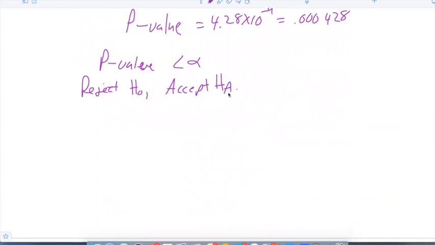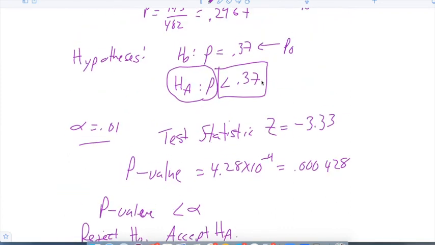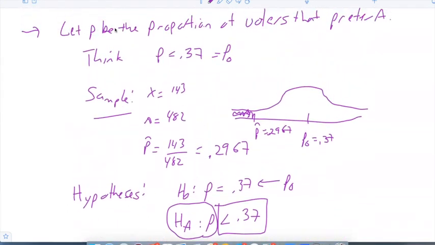Okay, so we reject the null and accept the alternative, which means we're going to write this sentence every time: we have strong evidence that... Well, what does the alternative say? What's this say in words? Well, it's a good thing I wrote down P here. The proportion of voters that prefer candidate A is less than 37%.